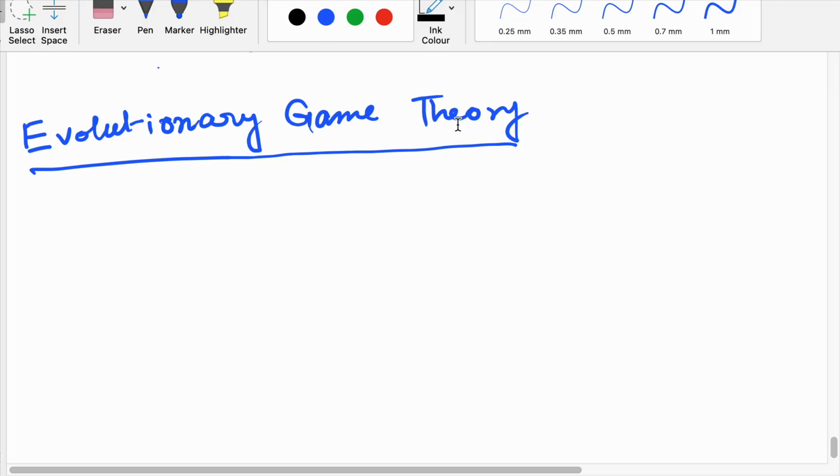So in evolutionary game theory we will not ask whether individuals are rational. In evolutionary game theory, individuals are not rational.